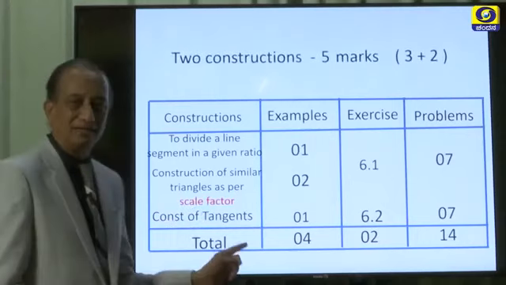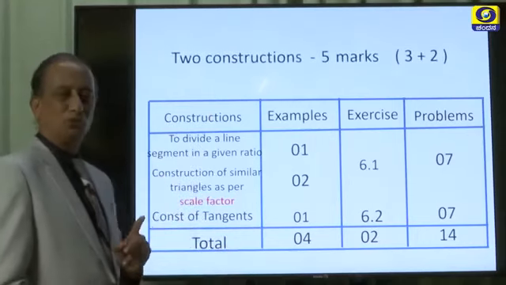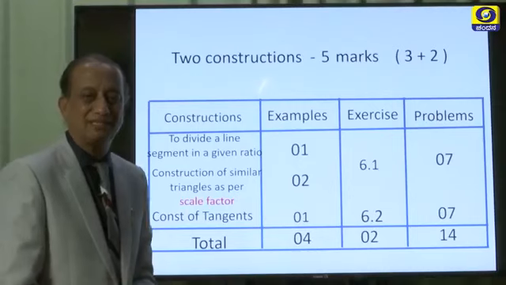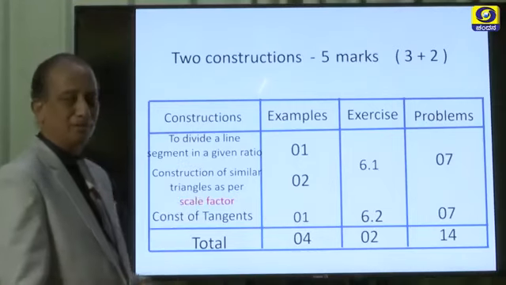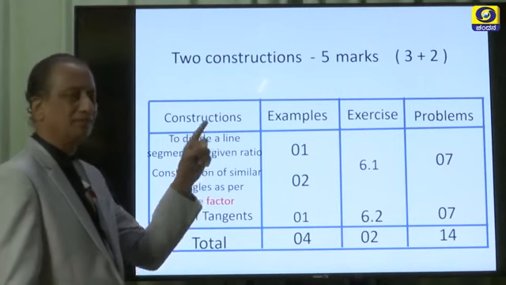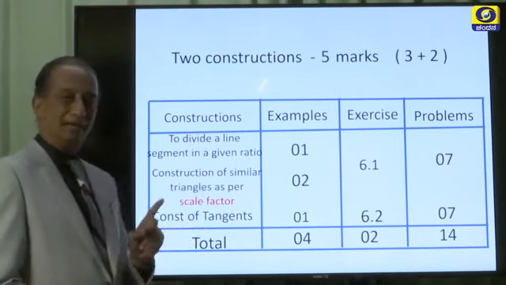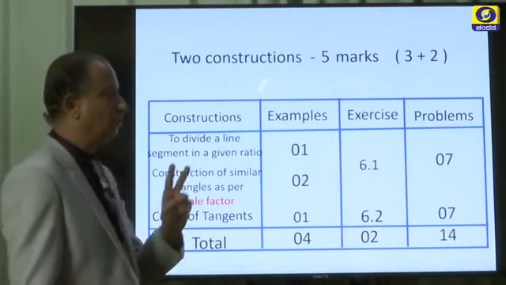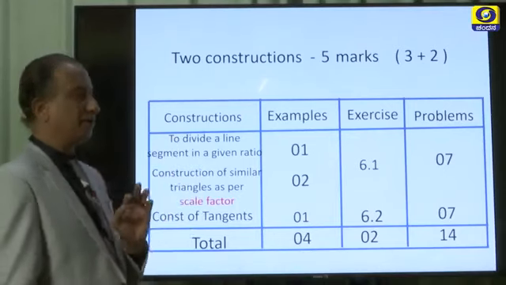So, if you can learn this, there will be 2 constructions in the examination for 5 marks. The similar triangle construction will be for 3 marks, and the tangent construction will be for 2 marks. Totally you are going to get 5 marks for this.